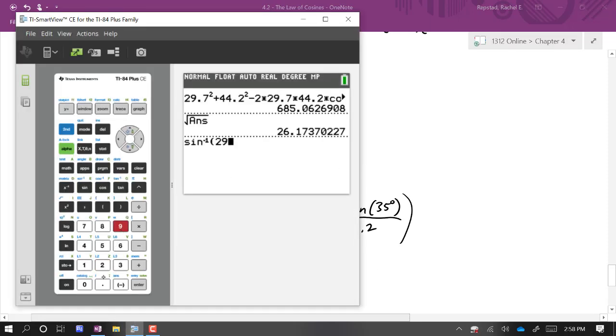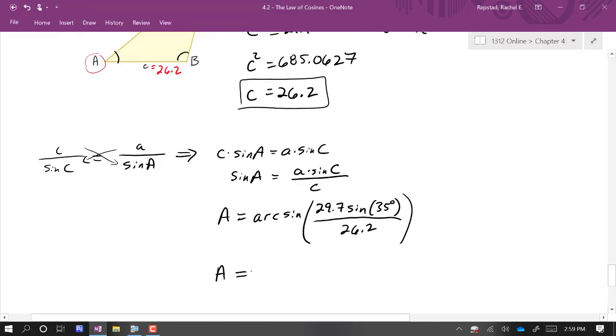29.7 times sine of 35 degrees, close the parentheses on the sine function, divide by 26.2, and I get 40.6 degrees.